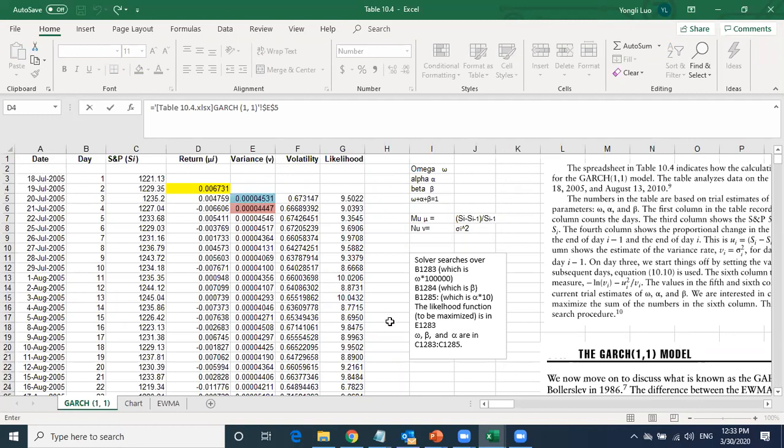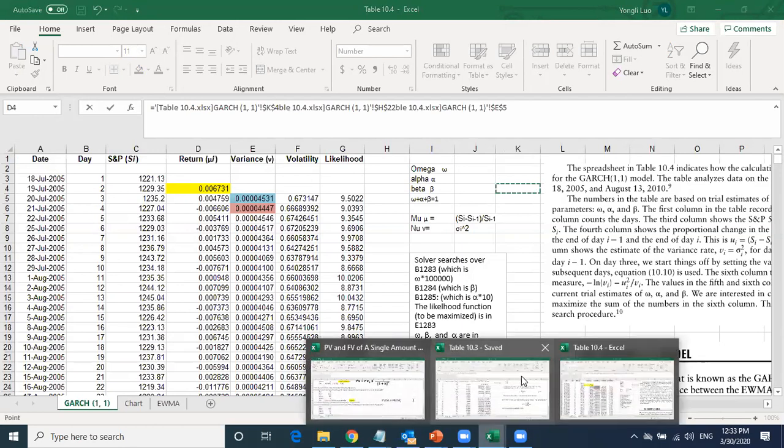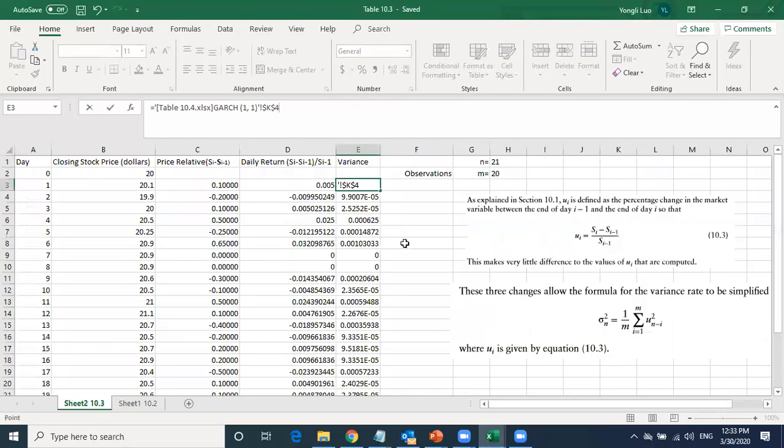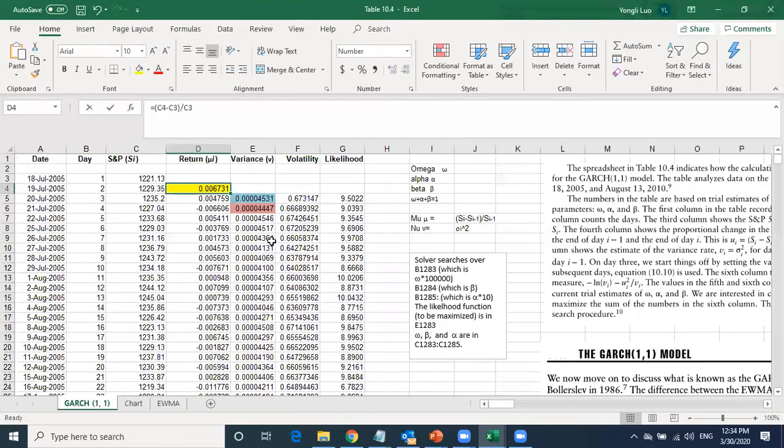We fix that so it doesn't mess up. The first day is just the squared previous day return.